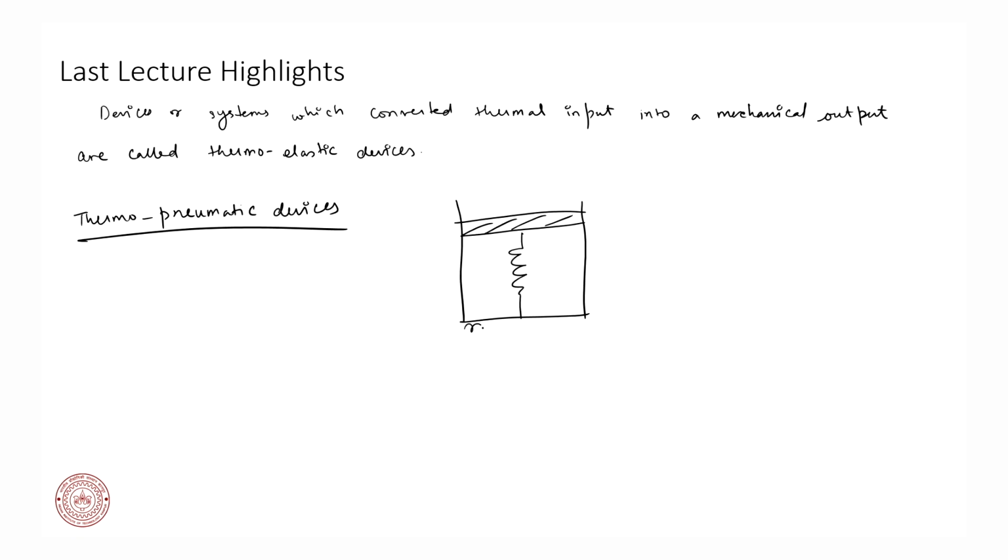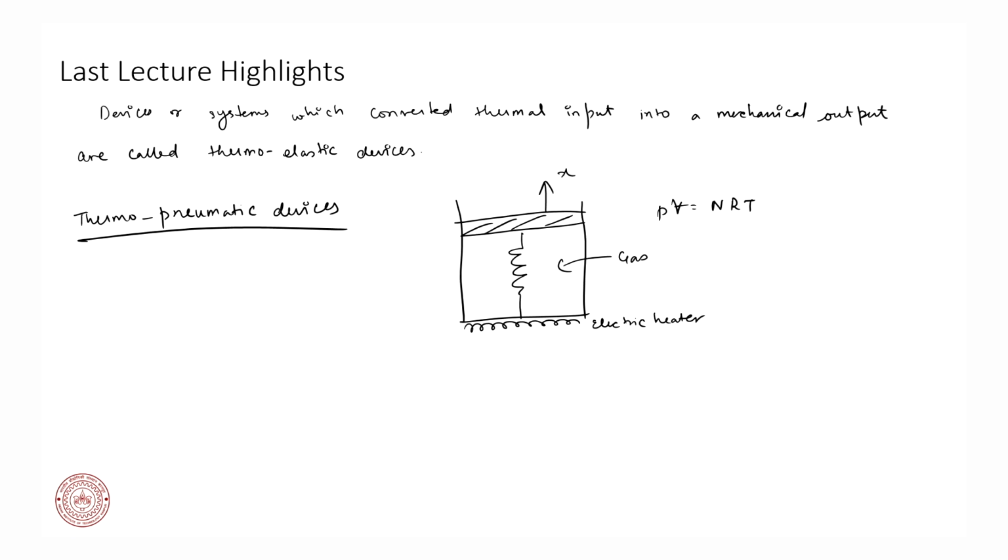The bottom of this is heated by an electrical heater. The heating of the gas that is filled inside would cause the gas to expand according to the ideal gas equation, PV equals nRT. As temperature increases, the volume would increase to maintain a constant pressure, and that would cause this membrane to move up. So we will have a displacement along the x direction.